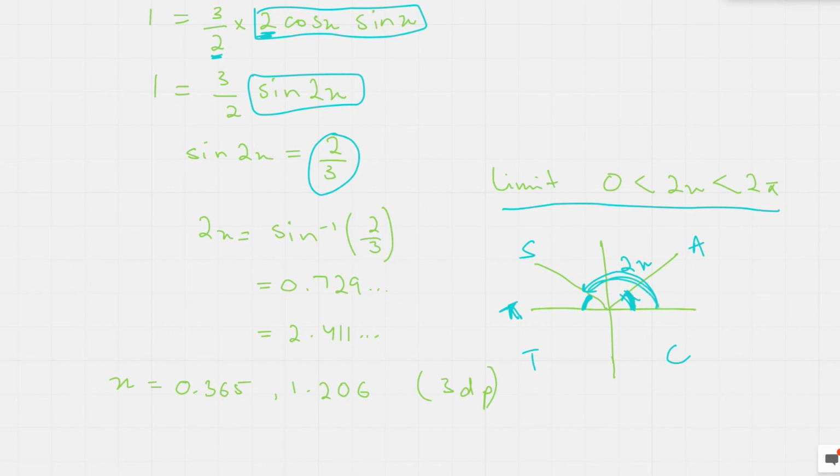So now I got this by subtracting this part from pi, which is 2.411. Now I divided both of these by 2, 0.729 by 2 and 2.411 by 2, so I get 0.365 and 1.206 to 3 decimal places. I hope this makes sense and it helps you.